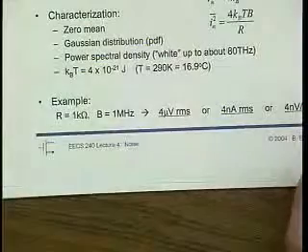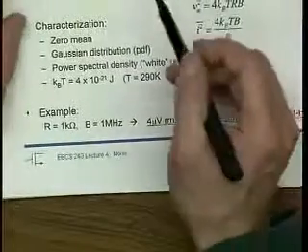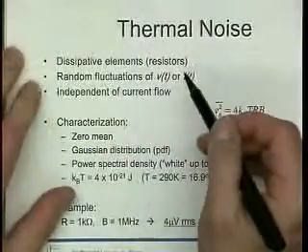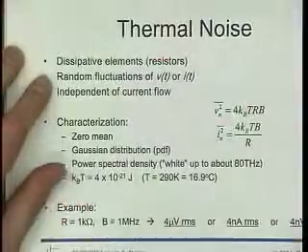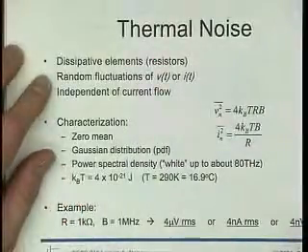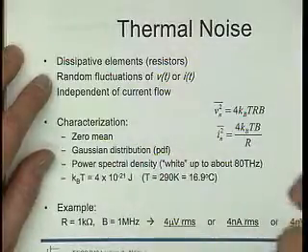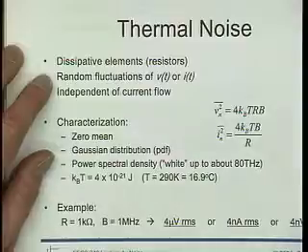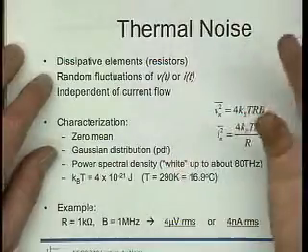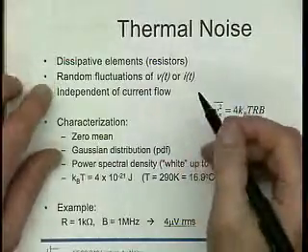Okay. So thermal noise. First of all, what exhibits thermal noise? Well, all dissipative elements, all elements that can dissipate power. So that immediately accounts for resistors, probably transistors, because they occasionally get hot. Probably not capacitors, and we'll talk about that in a moment.